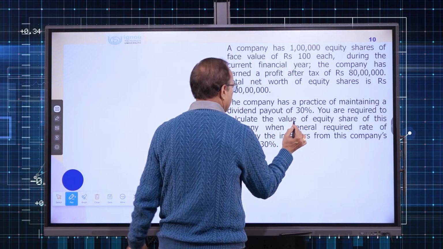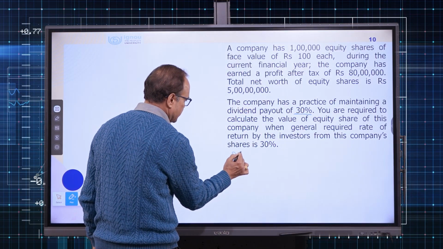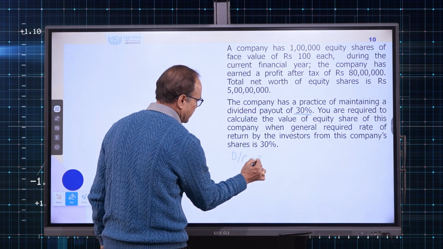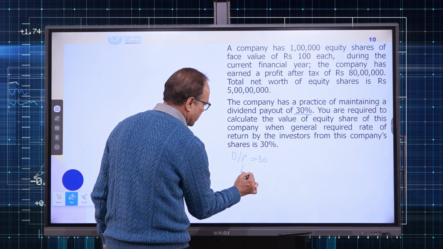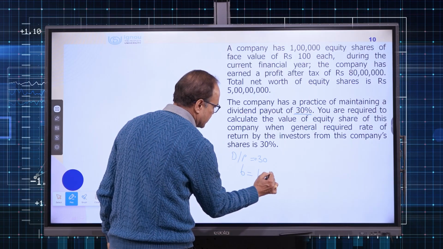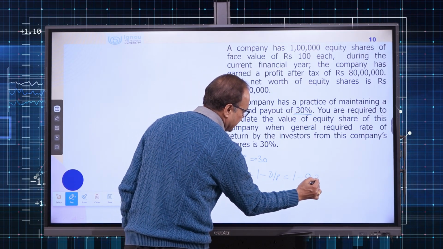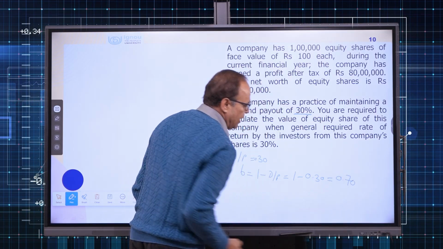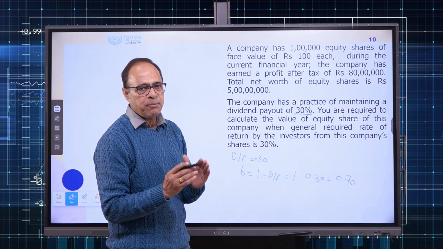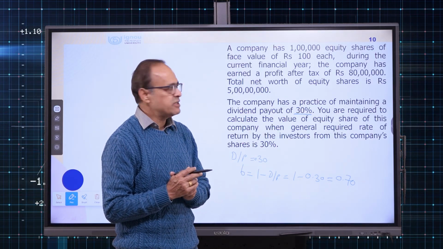So, we are given the DP ratio of 30%, that is 0.30. This can be used to convert into the retention ratio: 1 minus 0.30, that is 0.70. It means out of the earnings per share, 70% is retained by the company for reinvestment purposes.